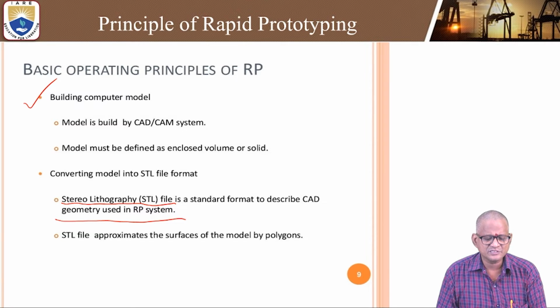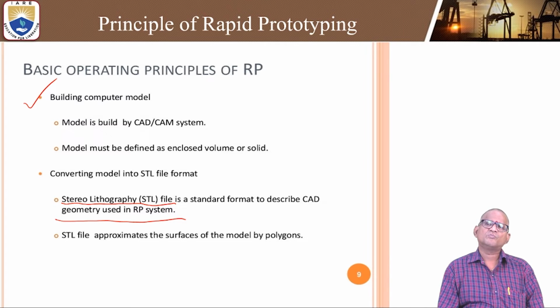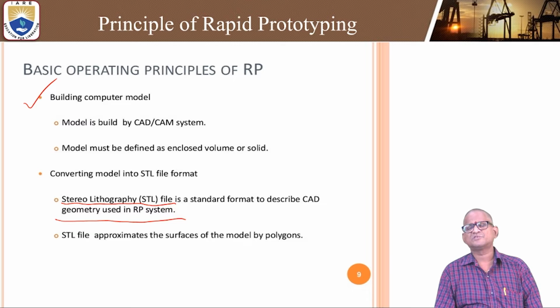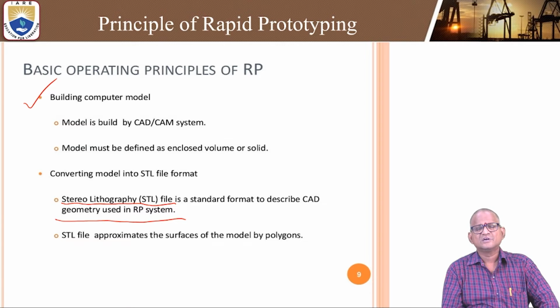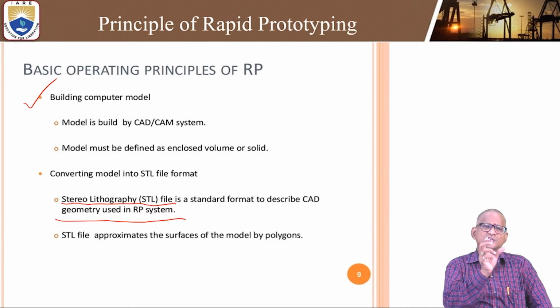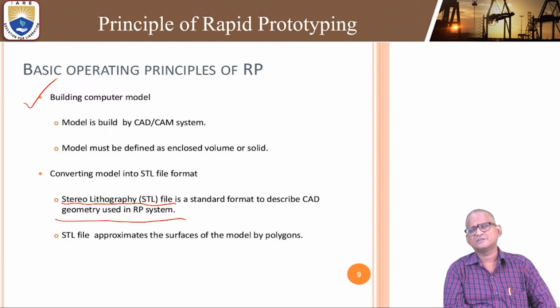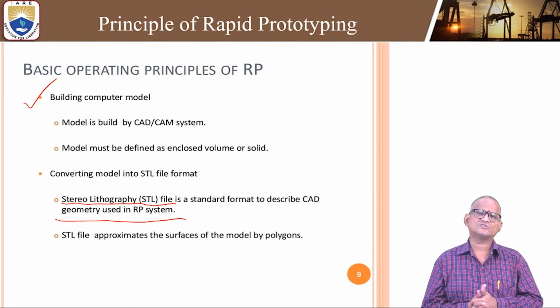So everybody knows that nowadays in all computer systems they do most of their work in MS Word, MS Excel, PPT, etc. For designing also, with the help of SolidWorks and AutoCAD, they can design a small circle, small rectangle, small cylinder, and a small structural shape in AutoCAD.